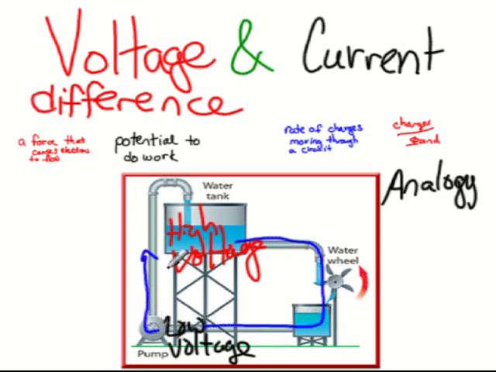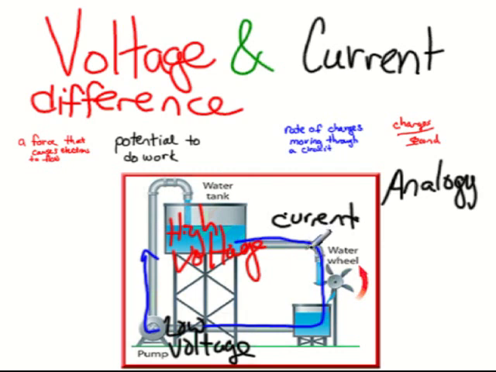In that circuit, what the water will be flowing is actually going to be the flow of electrons. The rate at which those electrons flow through the circuit is current. And current is going to be dependent on the resistance of the flow of electrons through the circuit. Now, if we're thinking about our analogy here, there's going to be resistance to water entering our pipe here.